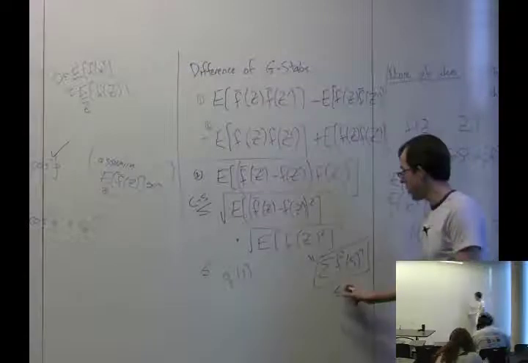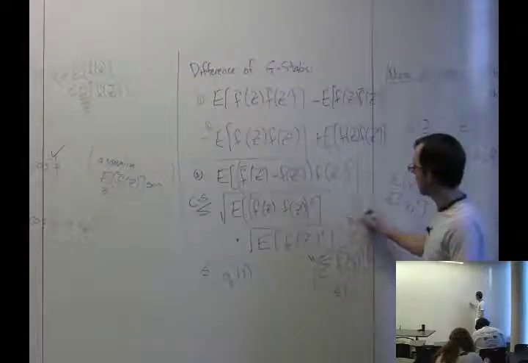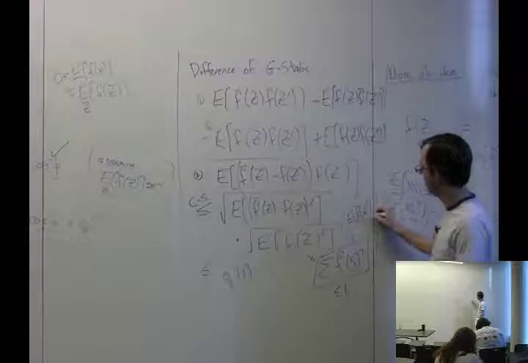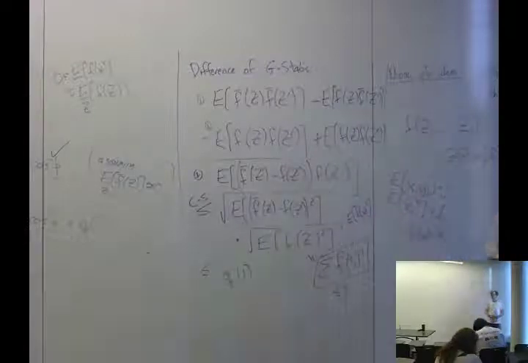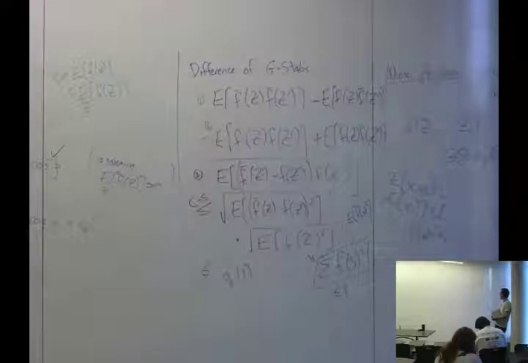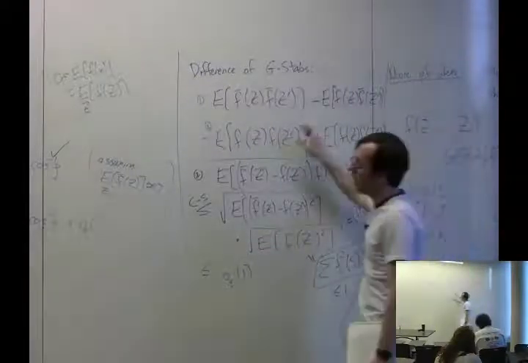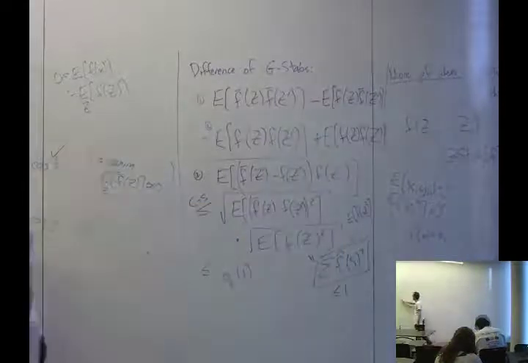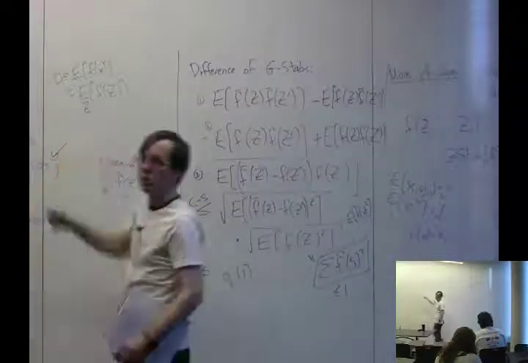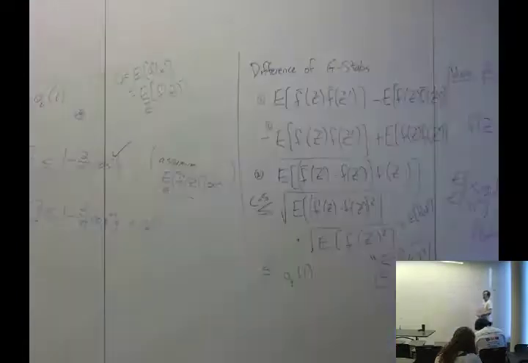And this thing is at most 1 because it's actually equal to the expected value of f of random bits squared. And f on random bits squared is between -1 and 1. Okay, so both of these terms are small, so that really justifies this. So we're done if we can show this fact by invariance.